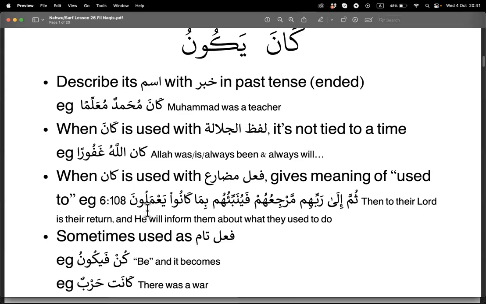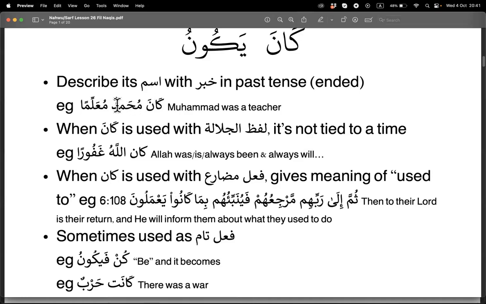Where is our ism of kanu? What is the ism of kanu? Kanu is a fi'il madi, so the ism can be your normal pronoun, a pronoun inside the other kalimah. So kanu is "whom," right?